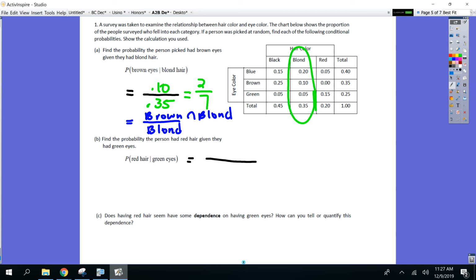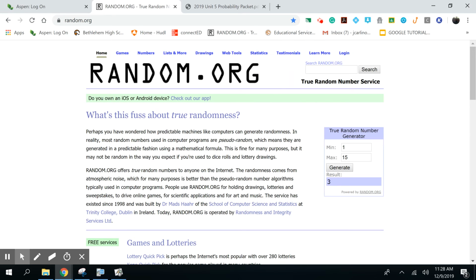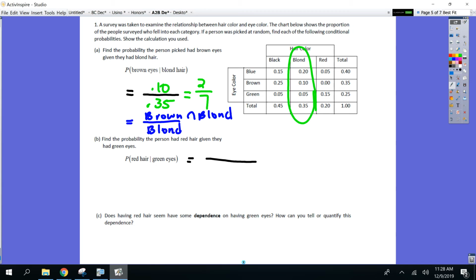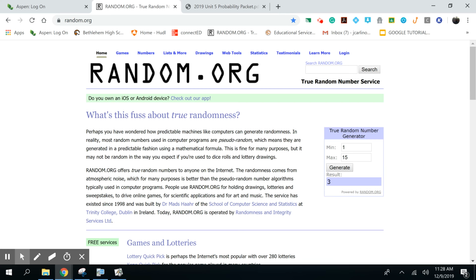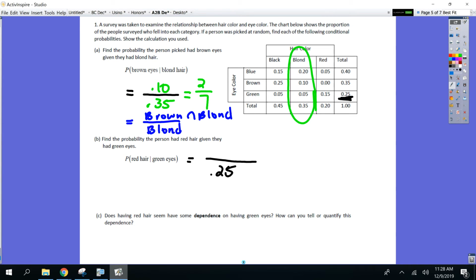What's going on the bottom? 0.25. That's given green eyes. 0.25 right there. And then on the top, red hair and green eyes, 0.15. Yep.